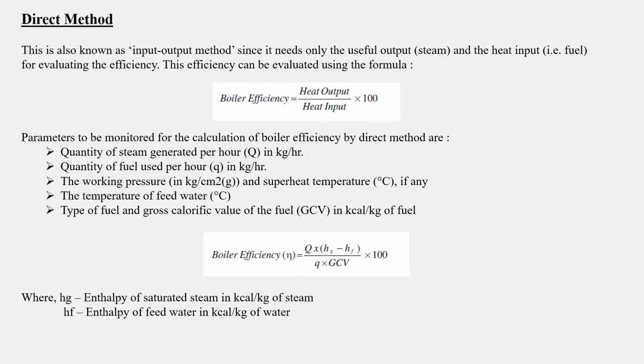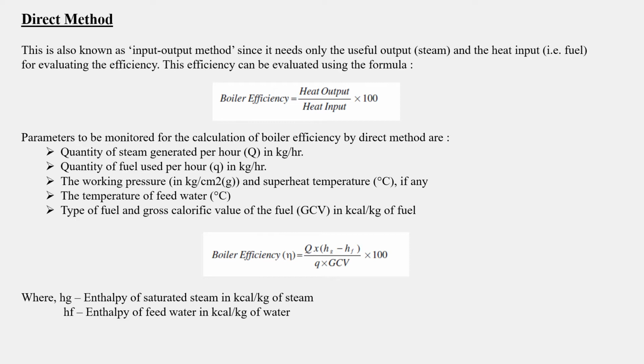Coming on to the first method, which is the direct method. This is basically the efficiency which we were calculating in the UG level thermodynamics courses, the input output method, such that the amount of heat which is given to the boiler and the amount of heat which is generated by the boiler in the form of steam. Suppose we want to generate a certain amount of steam per hour.